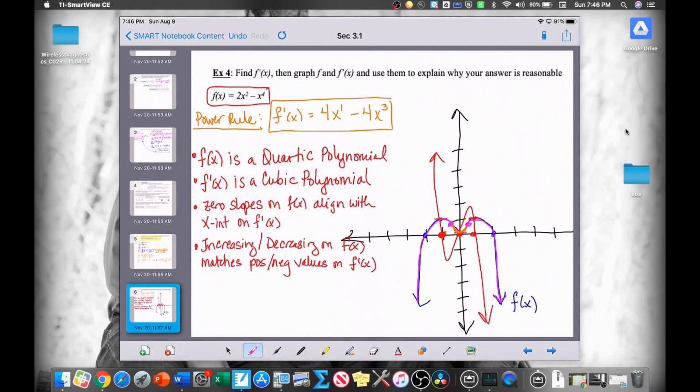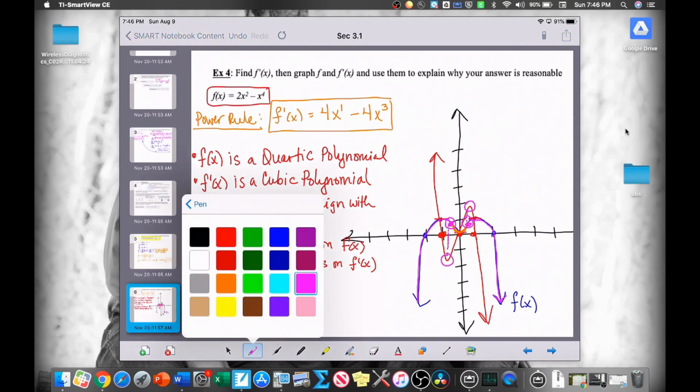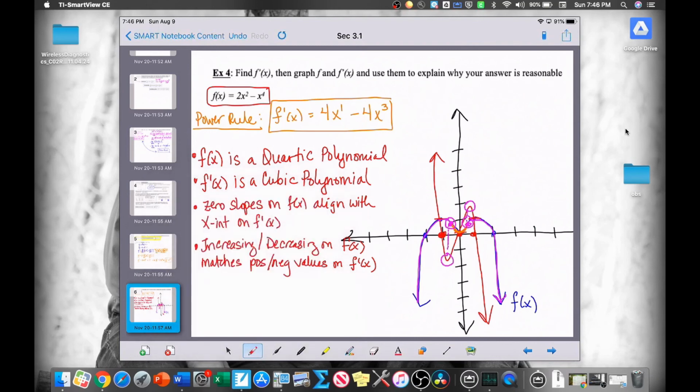And what do we notice about these inflection points right here? Well, those inflection points line up with turning points on f prime of x. So that's the last thing that I want to note, is that inflection points, IPs, on f of x align with turning points on f prime of x.